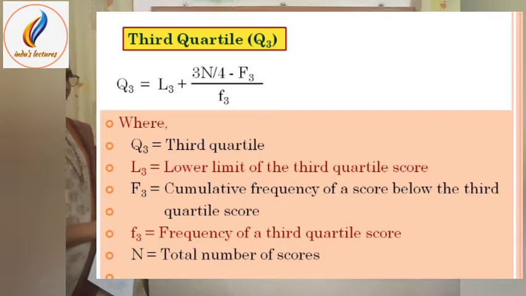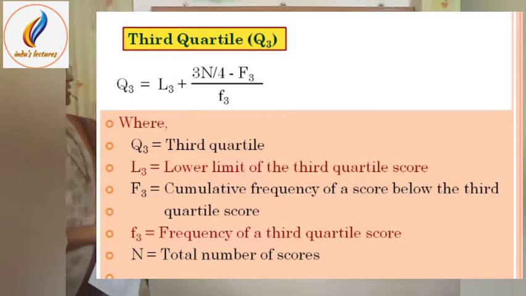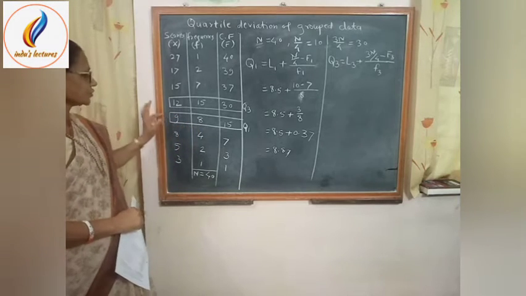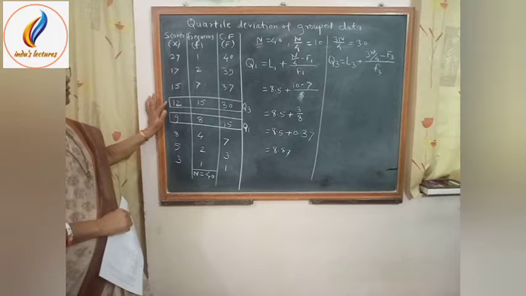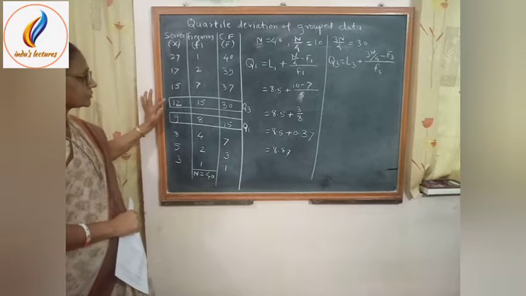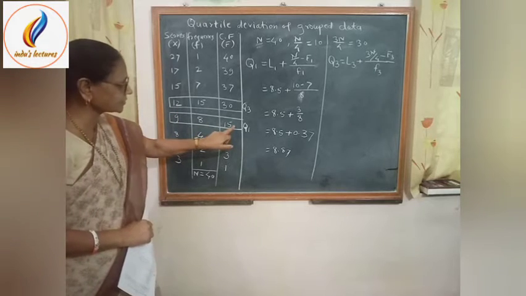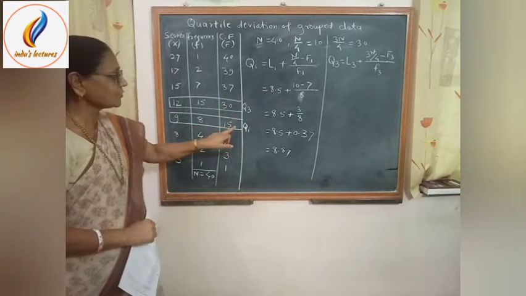Third quartile score is 12, so its lower limit is 11.5. Capital F3 is the cumulative frequency of a score below third quartile. Below third quartile score, 9 is a score and its cumulative frequency is 15. So F3 is equal to 15.